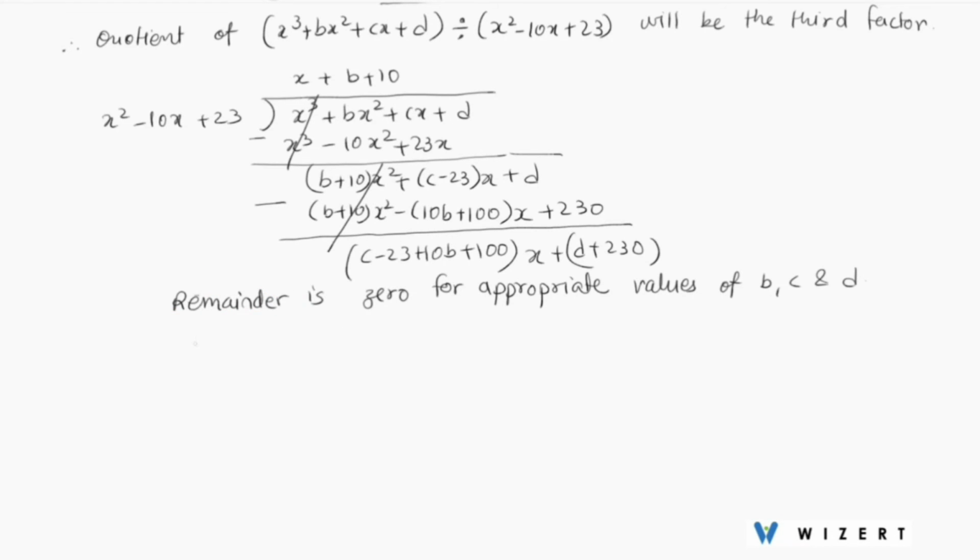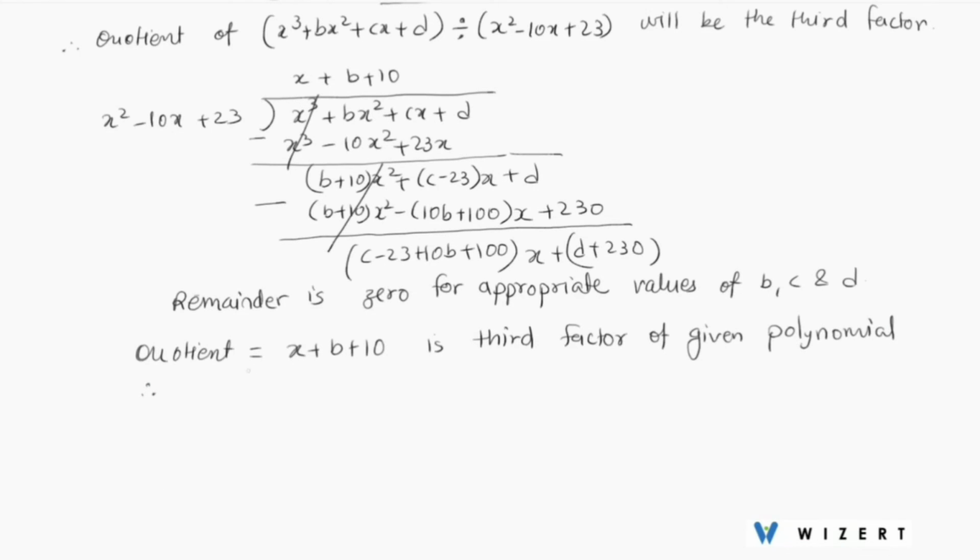So quotient equal to x plus b plus 10 is third factor of given polynomial.